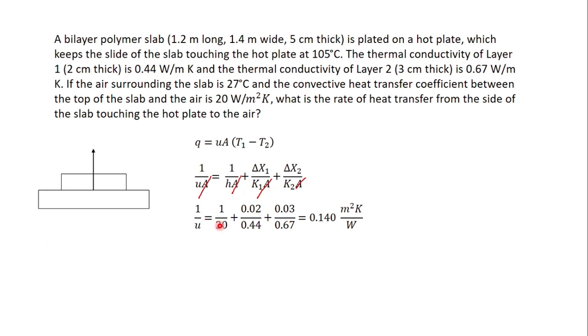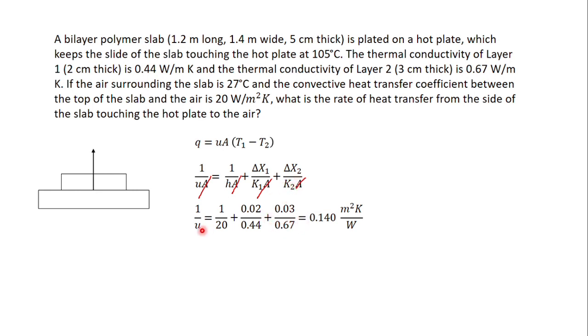Now we have to plug in the values. We have h of 20. Then for x sub 1, we have 0.02. This pertains to the thickness, and k is the thermal conductivity. So the thermal conductivity of layer 1, 0.44, plus the thickness of layer 2, which is 3 cm, converted into meter, we have 0.03 meter over the thermal conductivity of layer 2, which is 0.67.